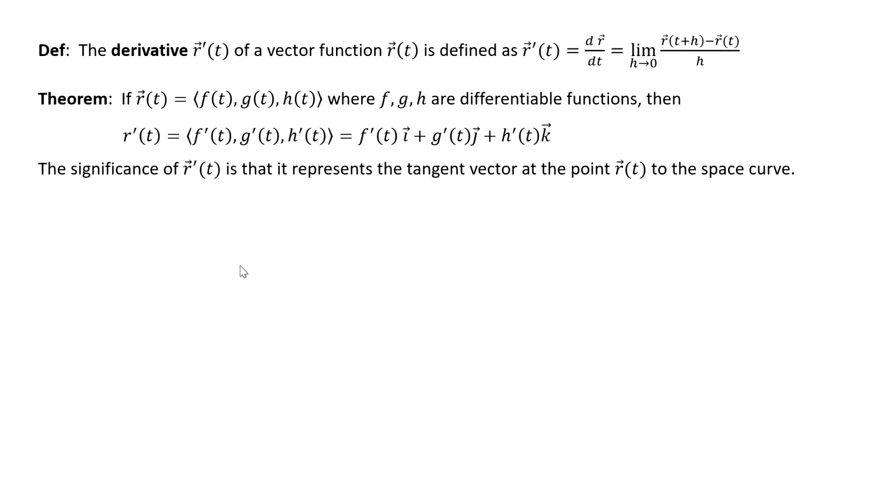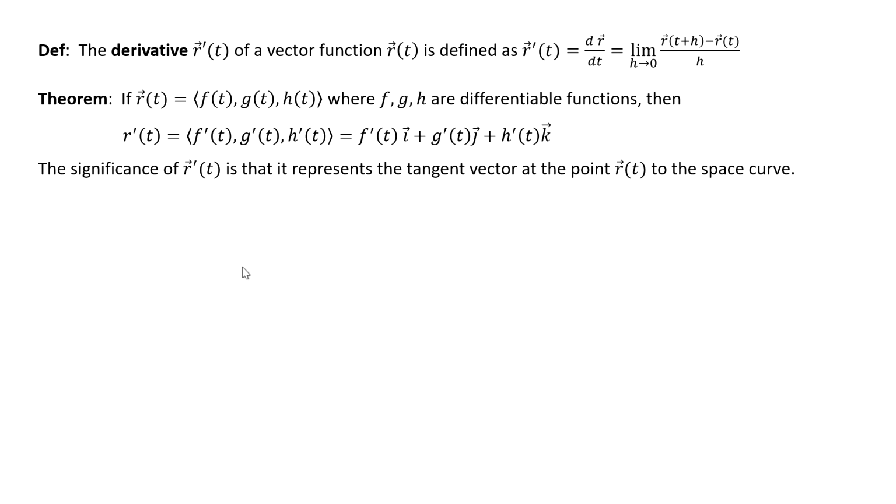The significance of r prime of t is that it represents the tangent vector at the point r of t to the space curve. We looked at space curves in the last section, right? Now, for a space curve, would we be able to draw a tangent at a point? More so, could we draw a tangent vector to that curve at that point?